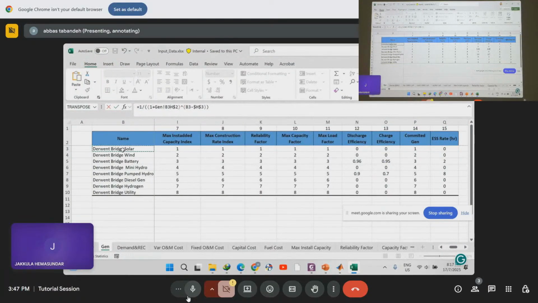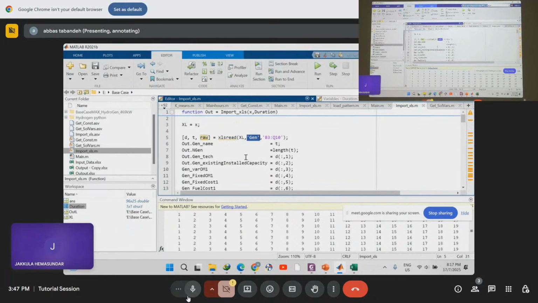So it will select all this table for us. And we need to extract it in this format, and then we give the generator names, or the name of each technology, like this. And to define the number of generators, we use length.